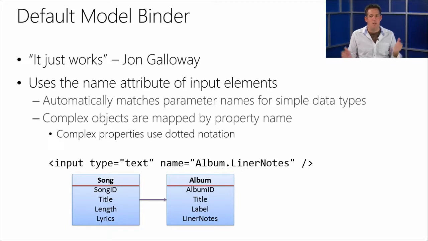How does that work? Well, I think John put it best, and this was something that I picked up from him when we did our 486 MVC. It just works. That's it. It's that simple. It just works. Now, the way that it works is by utilizing a little thing known as the default model binder.